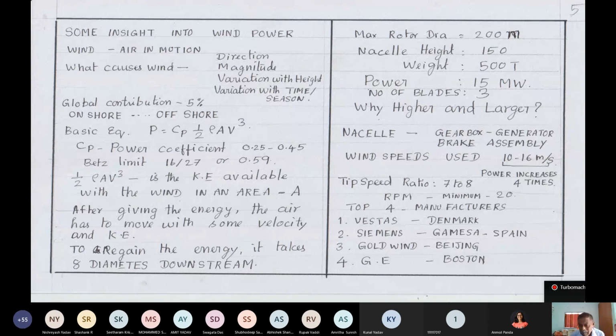The nacelle height must have been some 30 or 40 meters only, not more. We climbed up, we saw that, and I think it was not even 1 megawatt, maybe 500 kilowatt. But compared to that, when you think of a height like 150 meters, things are very, very different.